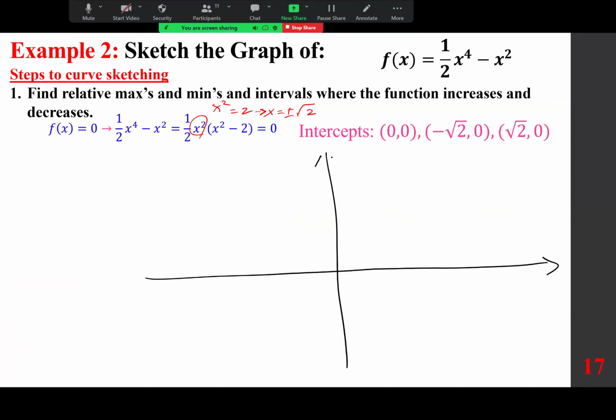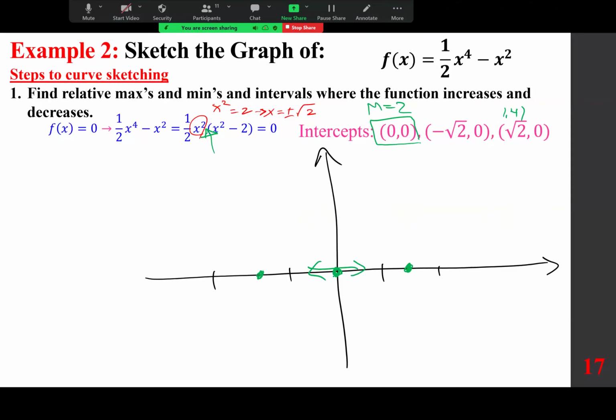So if we were to graph this, here's (0, 0). Square root of 2 is about 1.41 roughly. So somewhere here, 1.41, negative 1.41. And this one has multiplicity 2.